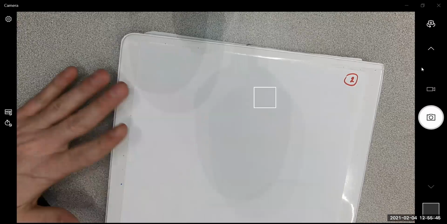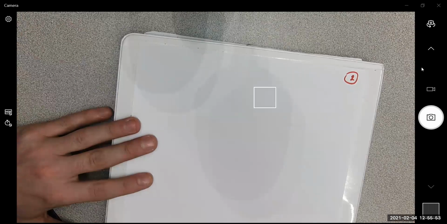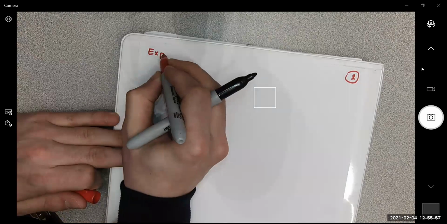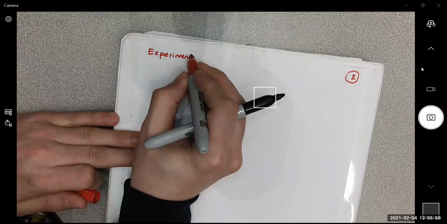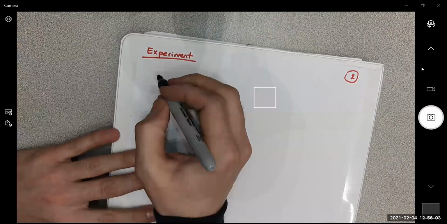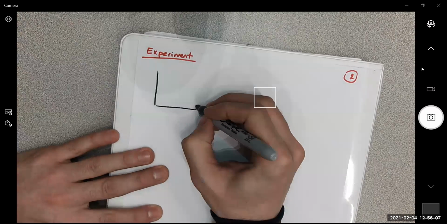Let's run a simple experiment and show that on a T-v diagram, temperature versus specific volume. In our experiment, I have a closed system.